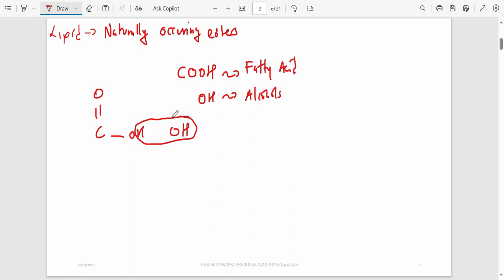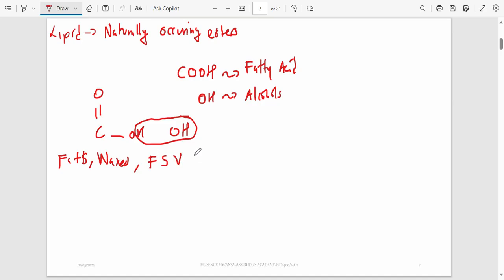We have different lipids that we are going to study in this session. Number one, fats. To understand fats, you're supposed to understand waxes. You also have vitamins which you call fat soluble vitamins.